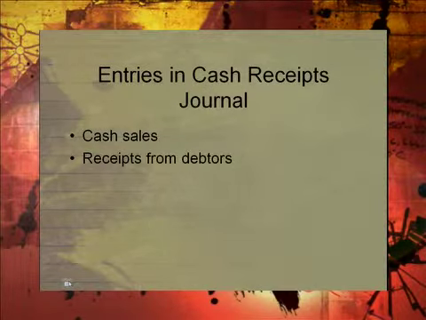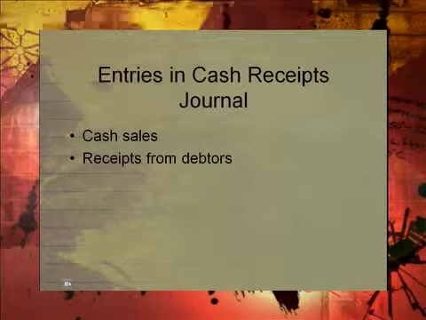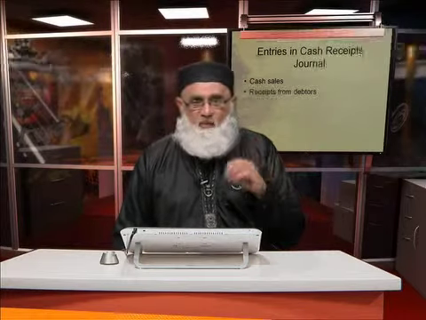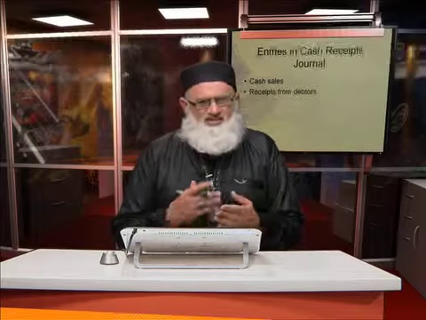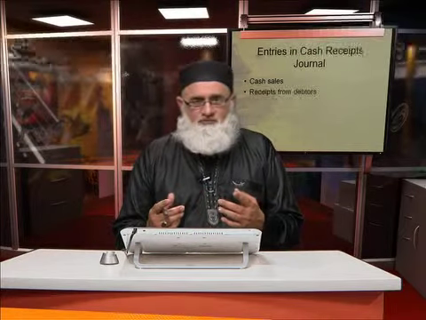Then you're going to be receiving money from your debtors. Important consideration, because these monies must be deposited into our bank account and therefore will be entered into the cash receipts journal. Now you may be asking the question, what has this got to do with bank recon? Watch, you'll see just now.